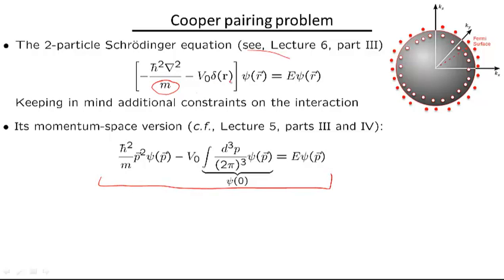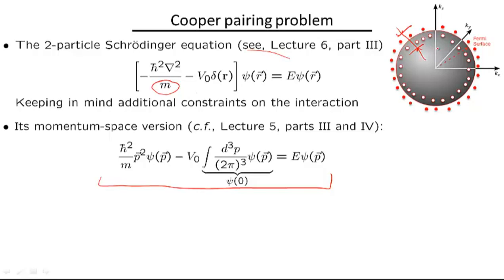Delta of r acting on psi of r picks up psi of 0, and so here I'm going to have this integral over all momenta. But basically a way to introduce constraints on the potential that we just discussed would be to limit the integration over momentum here to only momenta that appear in the vicinity of the Fermi surface, so that the possibility of phonon exchange exists.